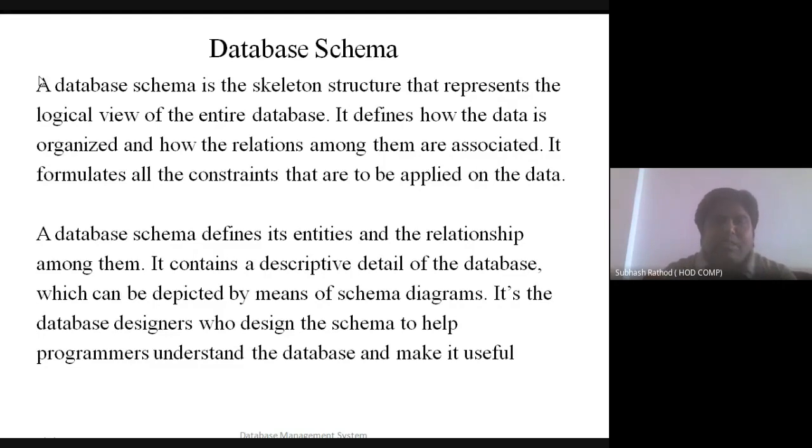Nothing more. If I am the designer and responsible for the implementation of the DBMS, I should have the correct schema of my DBMS, and I should give that schema to the implementer or programmer. That's it.